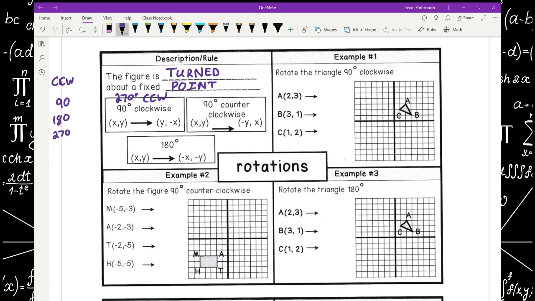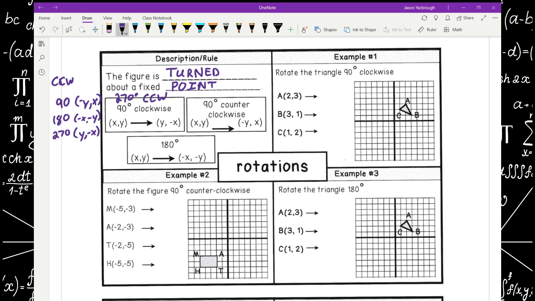Notice with 90, and again we're doing the counterclockwise, it is (-y, x). With 180, it is (-x, -y). And with 270, it is (y, -x).